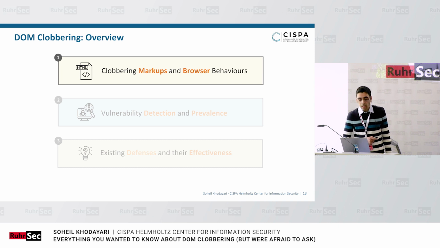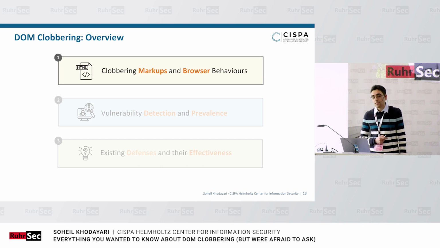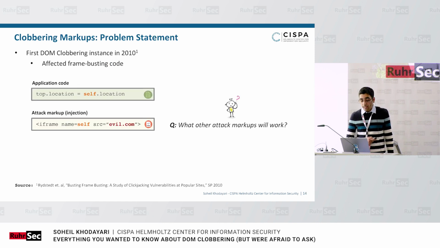OK, so our knowledge about DOM clobbering vulnerabilities is very limited, despite the fact that DOM clobbering has been known for more than a decade. And they first affected frame-busting code in web applications. And those are essentially assignments like top.location equal self.location.